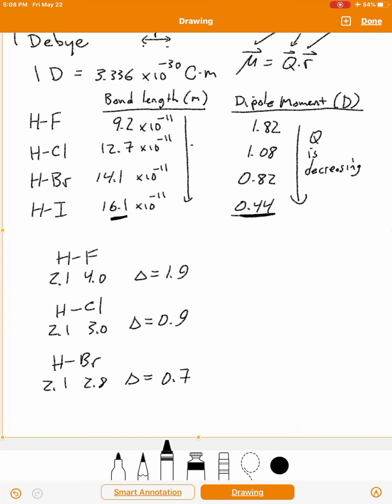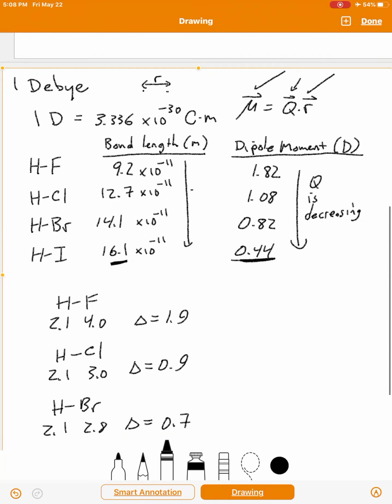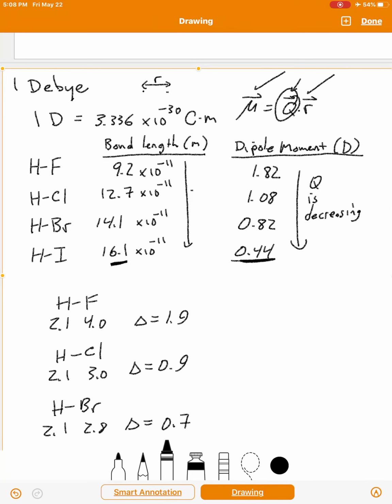So as the difference in electronegativity gets smaller and smaller, the charge on each atom gets smaller. That's an important point of understanding. As the difference in electronegativities gets closer between two atoms, the amount of charge on each atom gets smaller, and we can tabulate that through what we call the dipole moment.